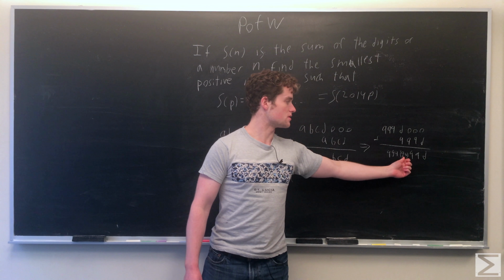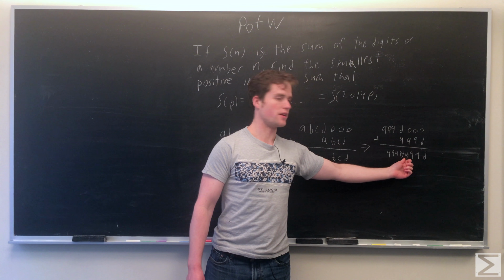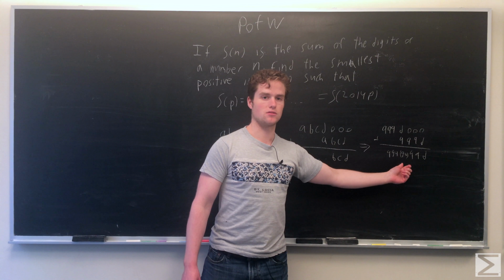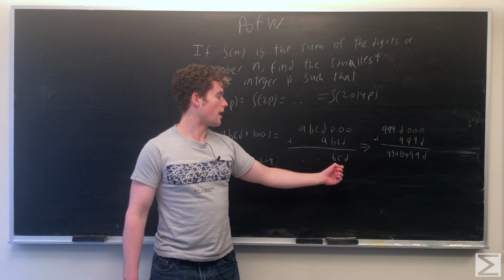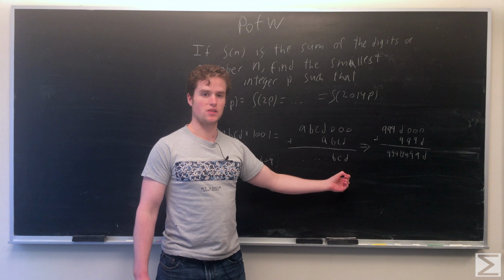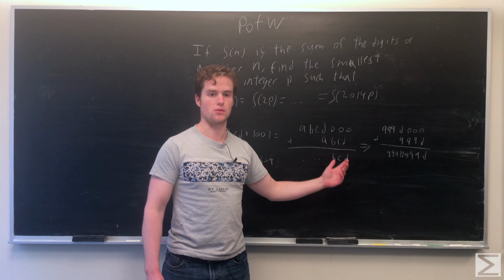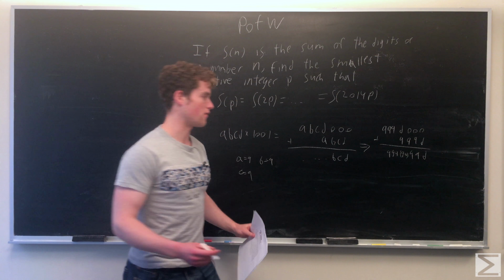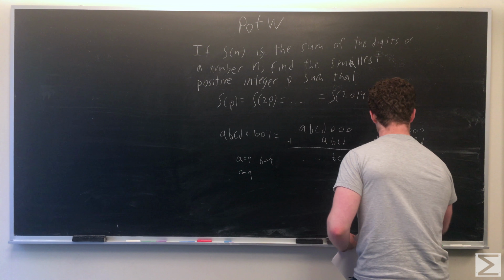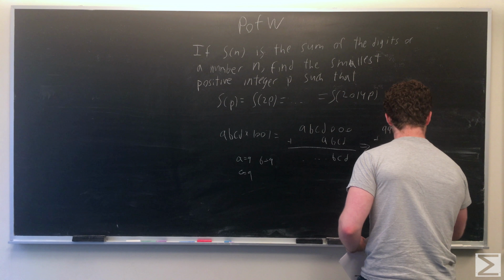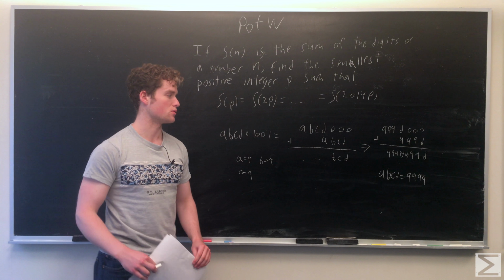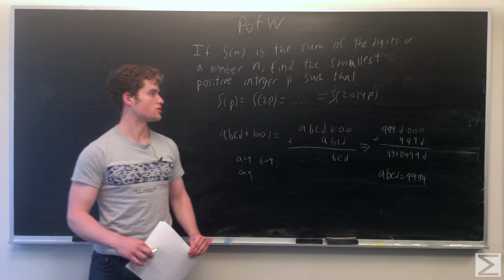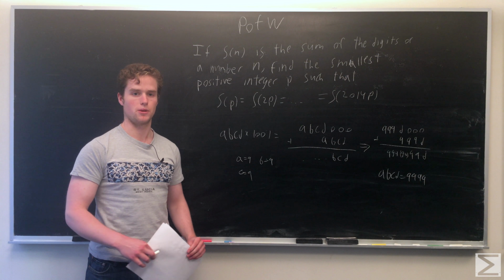So note 9 plus d must be divisible by 9. So d must be divisible by 9. So d is 0 or 9. But we can't have d be 0 because then it would be less than 10. So d must equal 9. And so we're just left with ABCD equals 9999, which we know works, and now we know is the minimum possible number.